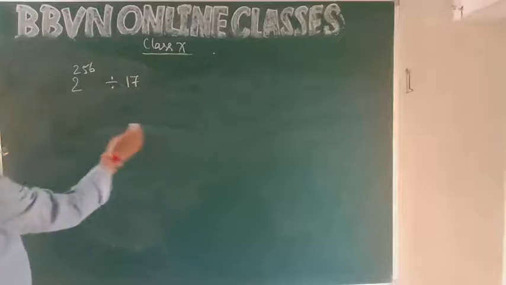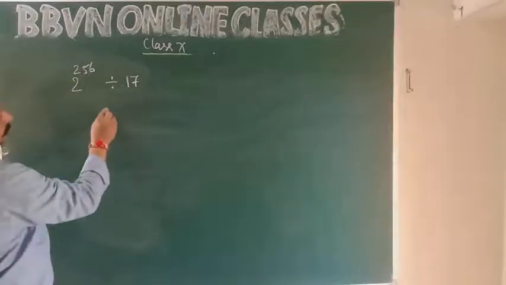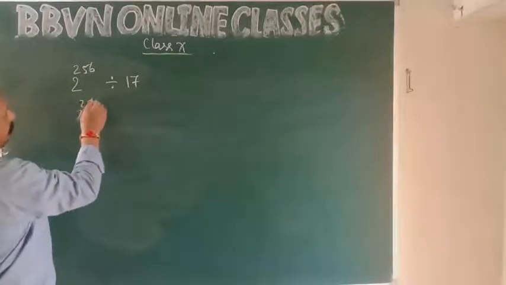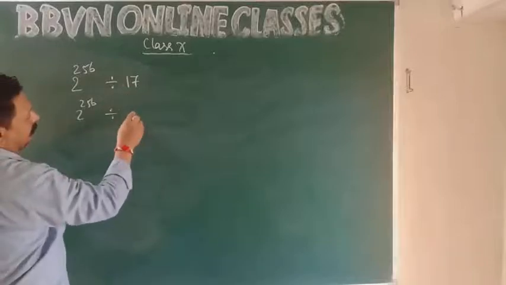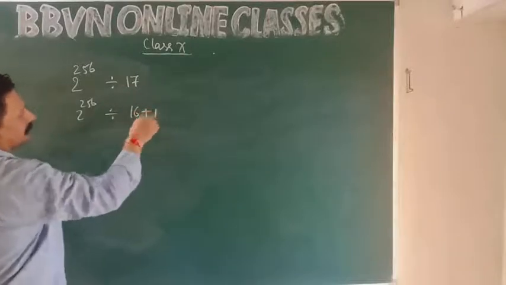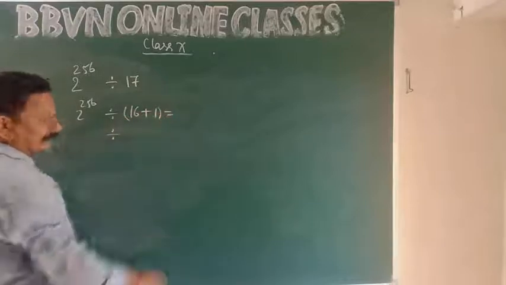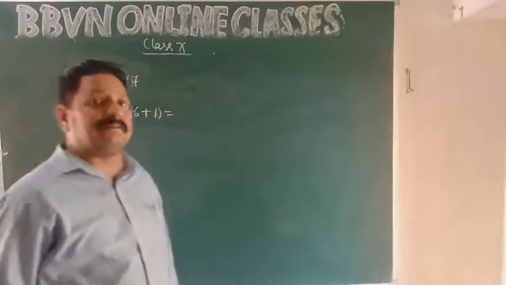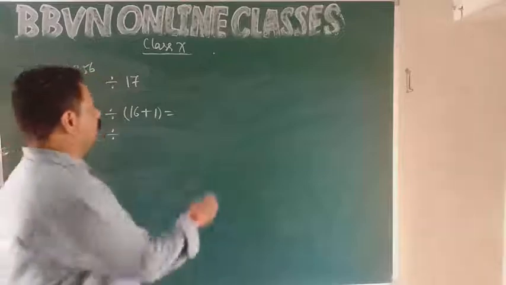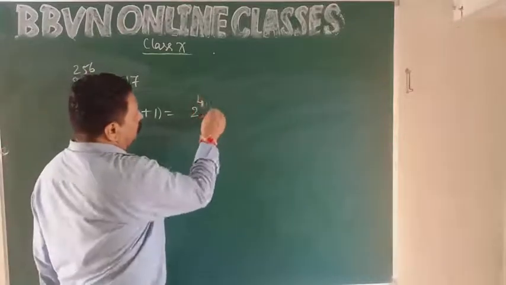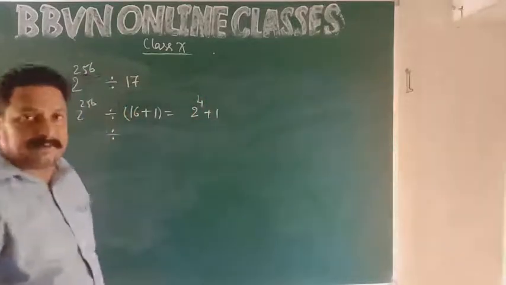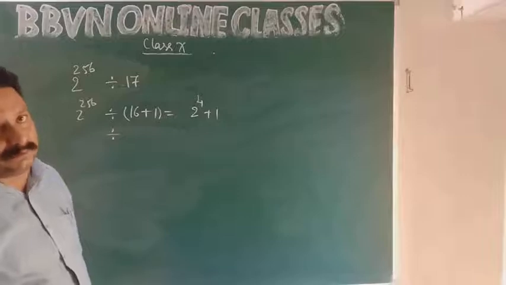See, 2 to the power 256 is divided by 17 is 16 plus 1. Why 16 plus 1? Why I have written 16 plus 1 is very simple. 16 can be represented as an exponent of 2. 2 to the power 4 plus 1. Okay, 2 to the power 4 plus 1.